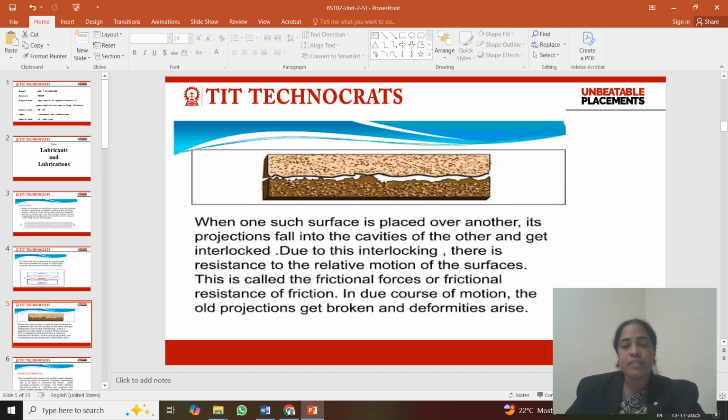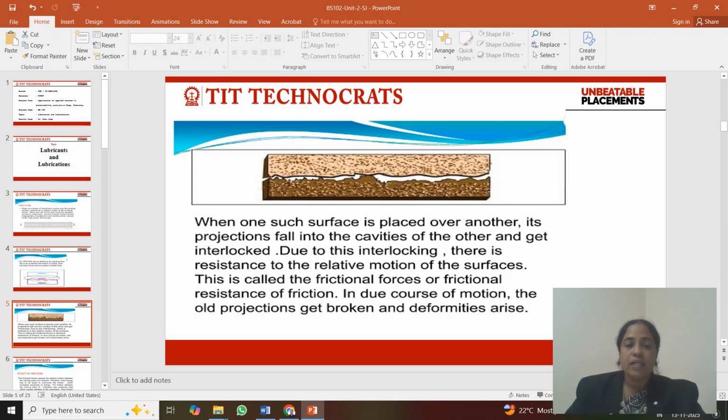Some kinds of machines are light machines, and some kinds of machines are heavy machines. Basically, light machines work at low speed, low temperature and low pressure, where the load between the machinery parts is very small, while in the case of heavy machines, the machine exerts higher temperature, higher pressure and heavy load.